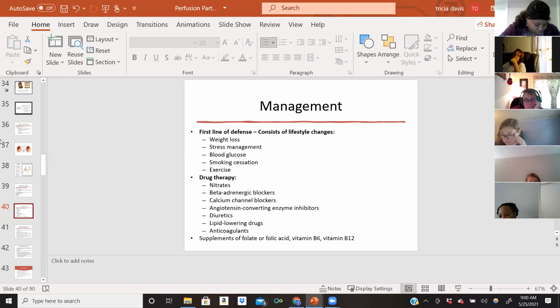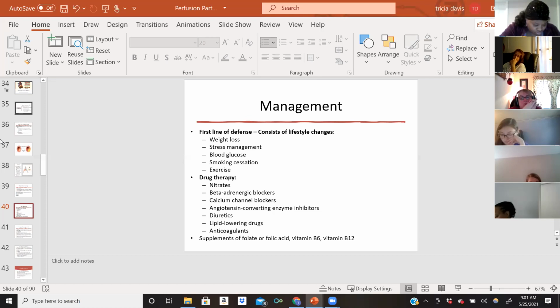And we can also, in conjunction with those lifestyle changes, because remember, we never just do medication, we do medication and lifestyle changes. We can give nitrates, which are going to help with that angina. We can give those beta adrenergic blockers. We can give calcium channel blockers, ACE inhibitors, diuretics.